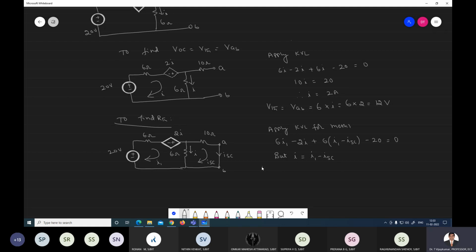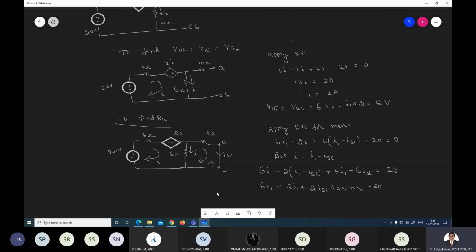Substitute this in the above equation. That is 6I1 minus 2 into I1 minus ISC plus 6I1 minus 6ISC is equal to 20. Further, you simplify this: 6I1 minus 2I1 plus 2ISC plus 6I1 minus 6ISC is equal to 20.